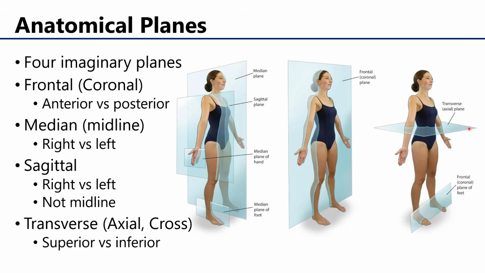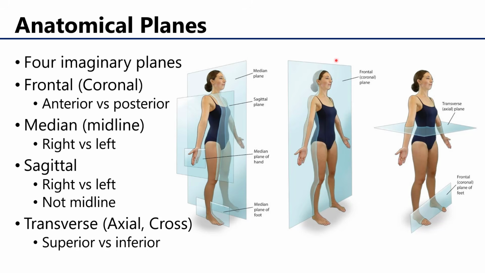And so here we can see this transverse plane cutting across both the abdomen here, as well as what looks like the popliteal fossa, as well as maybe the proximal forearm there. It's difficult to see the exact position of that.